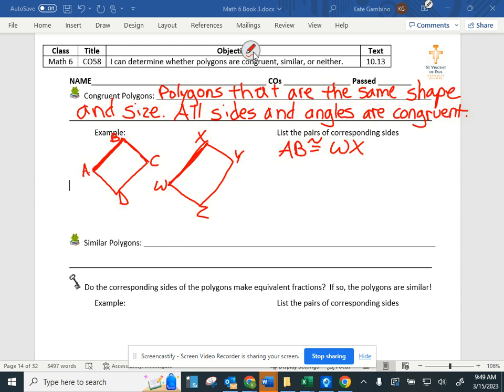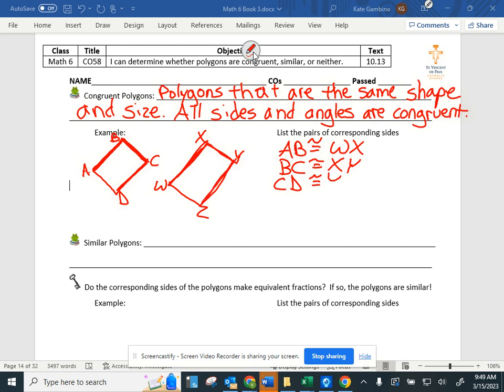So what line would BC be congruent with? XY. And what would CD be congruent with? If we have CD, we want to look at our other polygon, YZ.